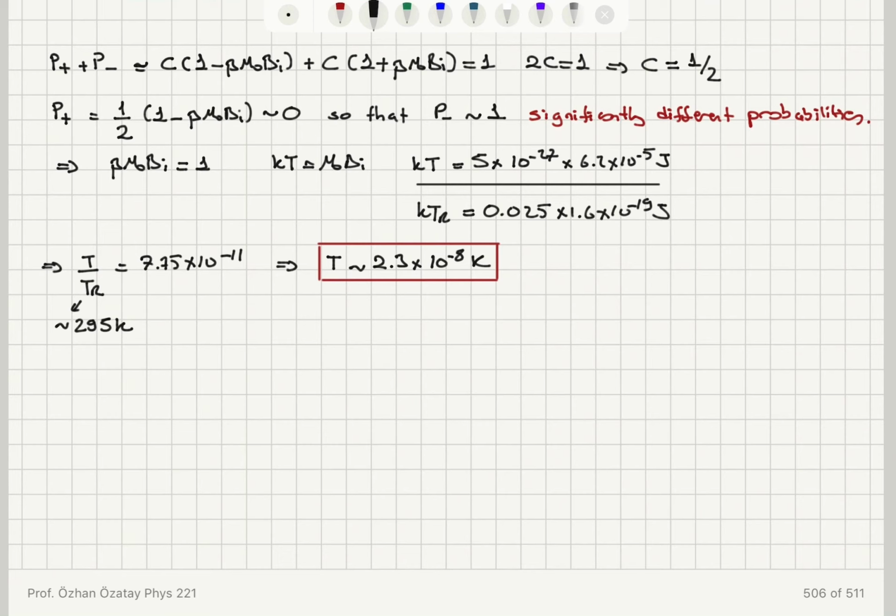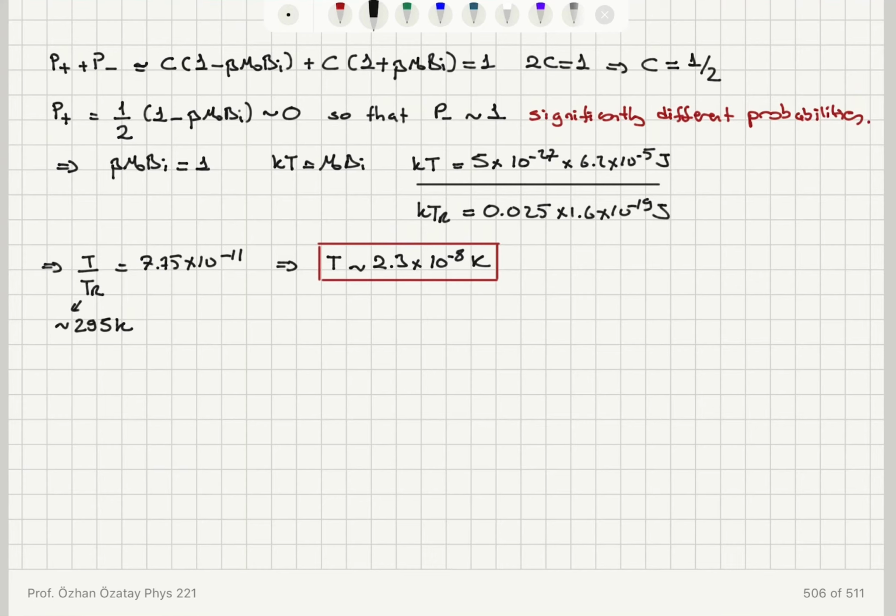So if you want to be more precise, you can go back to the original formula for P plus, which is c times e to the minus beta mu 0 Bi, and set that equal to 0. That would give you beta times mu 0 Bi should be very close to infinity.